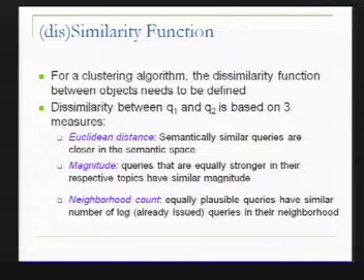The third criteria, we use the neighborhood count. So this is the important one. So we said we want to put equally plausible queries together, right? So how do you measure plausibility for a query? So we take a query log, a large query log, which consists of all the actual users' queries collected over a period of time.